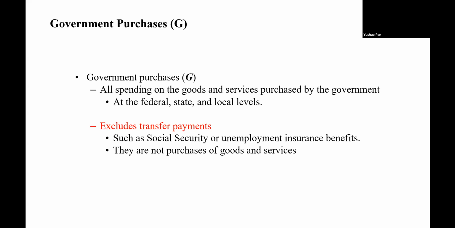Imagine if we count this again, we will count this part twice. Why? Because this kind of benefit is usually just for retired people or people who need help, right? Usually they are not millionaires. So they get that amount of money for food, for prescriptions, for services.